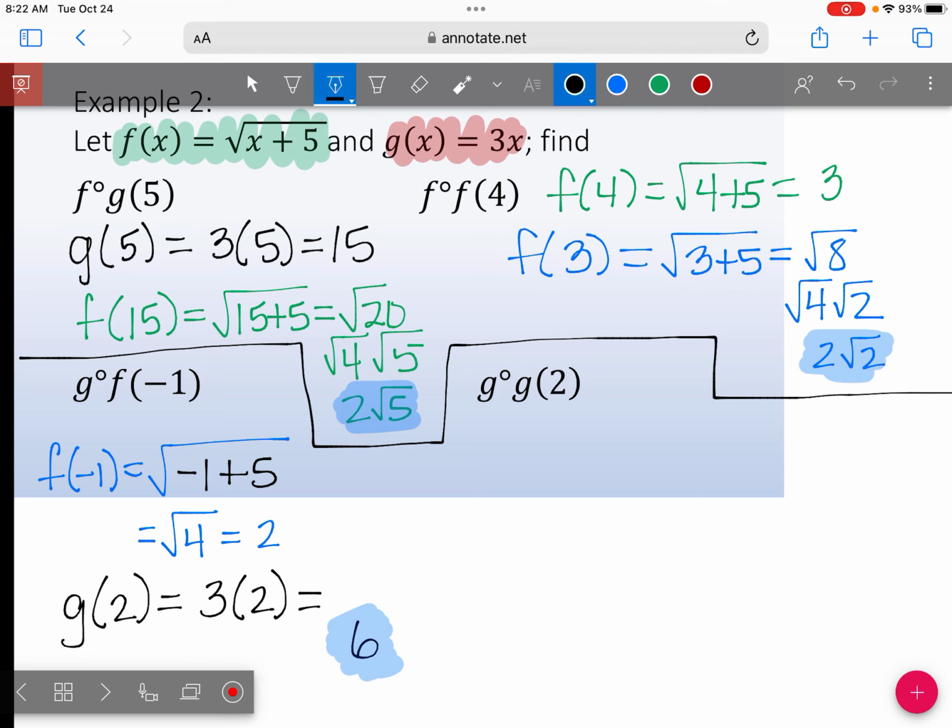All right, go ahead and find g of 2, which we already did. For the last one, go ahead and try to do that last one by yourself. Find g of 2. So you're using the same function twice.